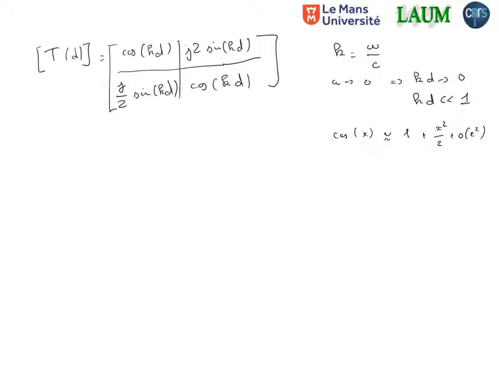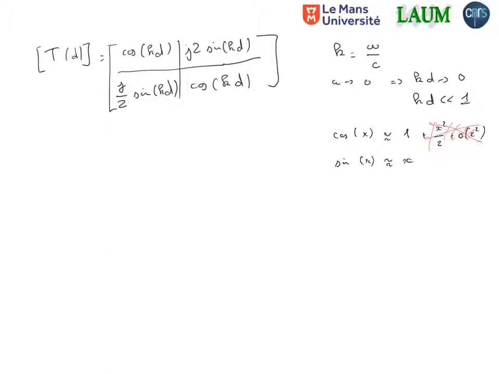In the present case, we just consider the first order term, so we skip all these things and we replace cosine of x by 1. For the sine function, we just have that sine of x is in fact equal to x, and then we will replace in the expression of the matrix.